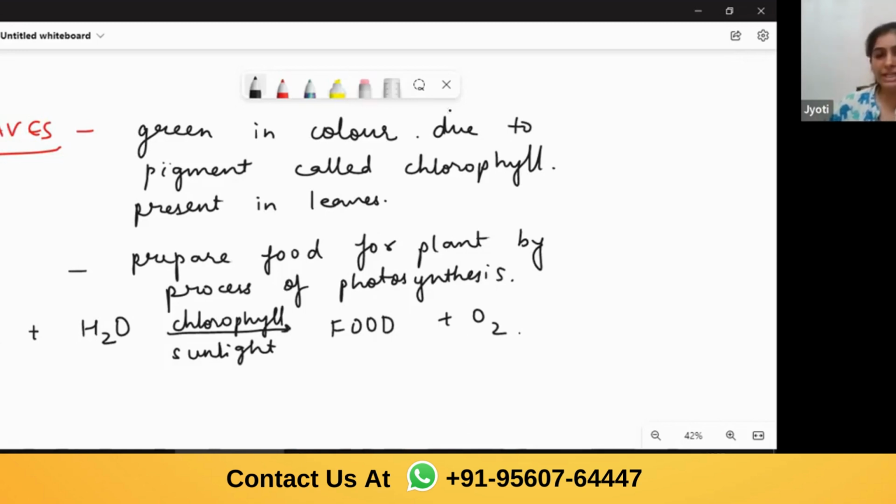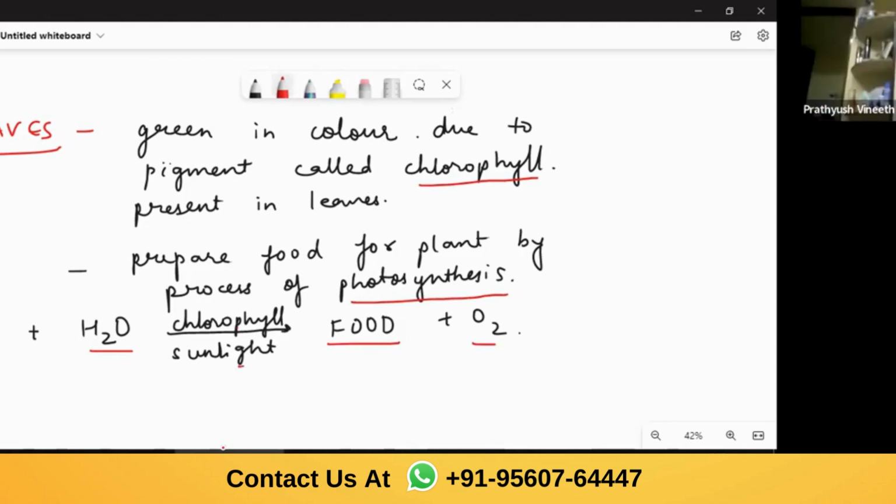I repeat again, leaves are green in color due to the pigment called chlorophyll, which is present in the leaves. And the leaves prepare food by the process of photosynthesis. What is this process? In this process, carbon dioxide from the air leaves take, and water they take from the soil. They combine. This chlorophyll and sunlight is required, and we get the food, and oxygen is released by the plants, which we take in.